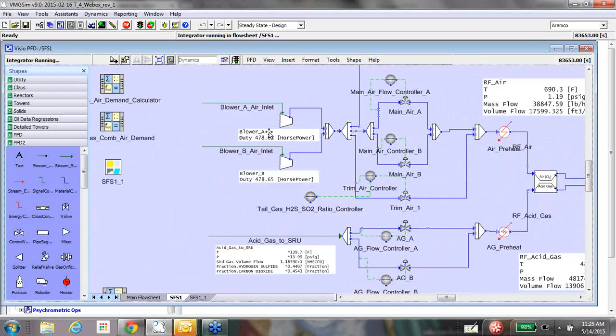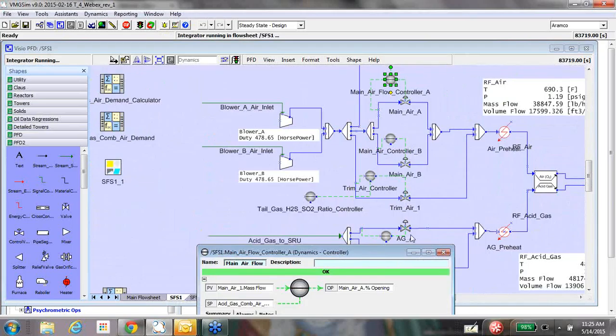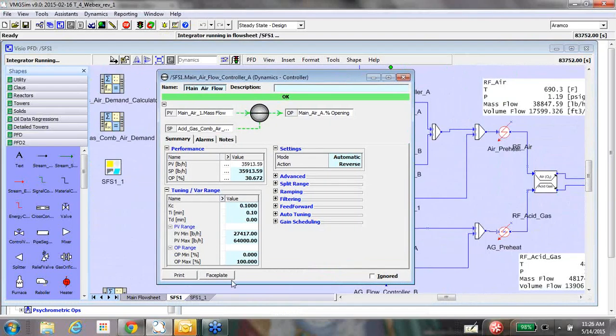So definitely we'll talk further in detail, but I'll show you one more thing about the flow sheet. Okay, so this is a controller. It has different tuning parameters, but as Inshan mentioned, this model can also be used for training purposes for the plant operator.